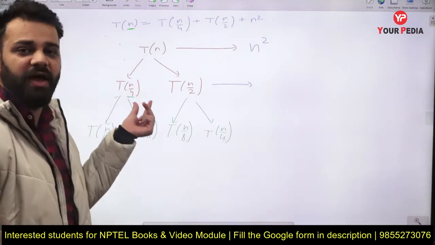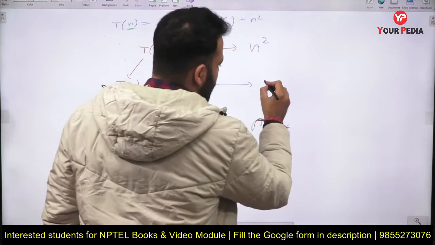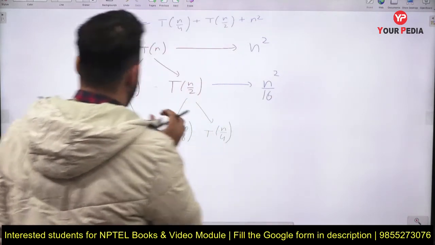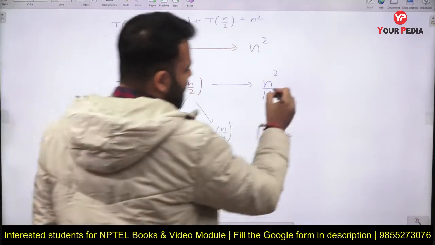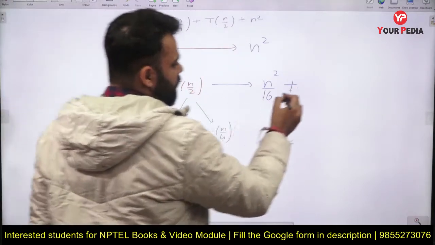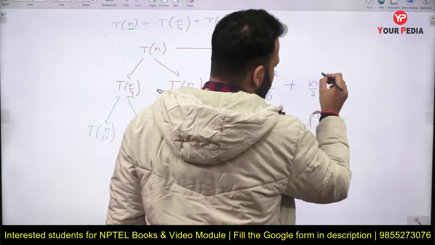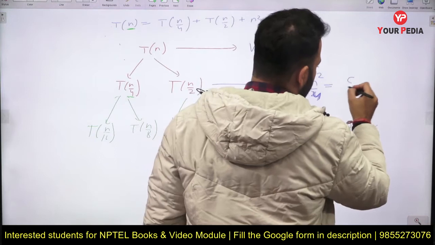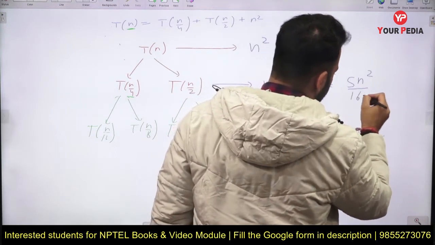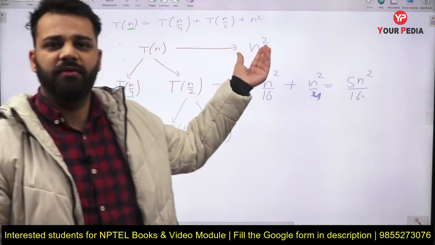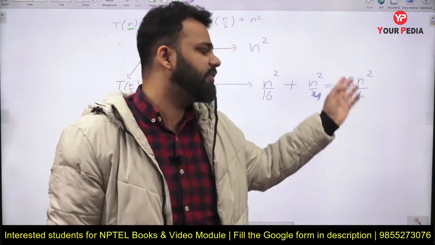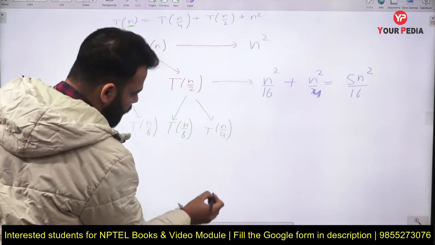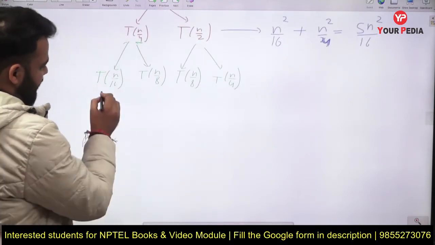When you divide T of n by 4, the remainder will be n square by 16 whole square of the 4 plus, and when you divide T(n) by 2, the remainder will be n square by 4, which if you solve will give you 5n square by 16. Now for the first level the remainder is n square, for the second level the remainder is 5n square by 16. Now let's move to the next level.